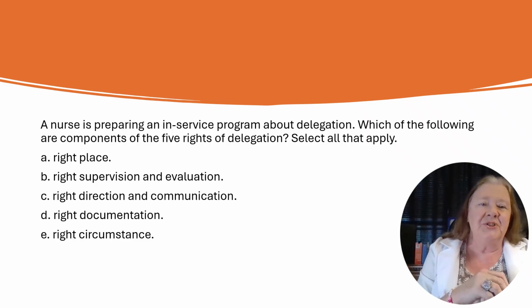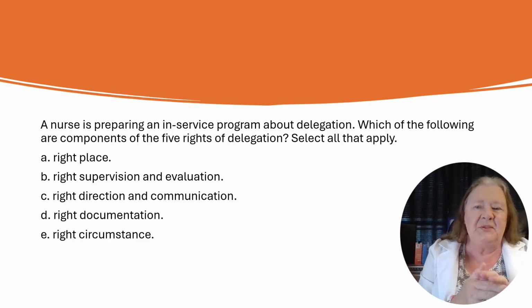Okay, and the correct answers on this one are B, C, and E. The 5 rights of delegation: B, right supervision and evaluation, C, right direction and communication, and E, right circumstance. So let's look at the other answer choices. A, right place.